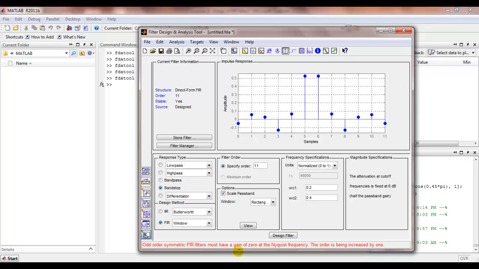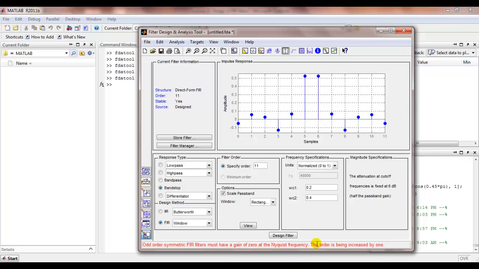So since a band stop filter is non-zero at omega equal to 0 and omega equal to pi, you shouldn't use anything other than a type 1 filter, which means your length of the filter must always be odd. So in this toolbox of MATLAB, I tried to generate a band stop filter with a different length. I gave it the command that I want an even length, and MATLAB generated this warning that odd order symmetric FIR filters must have a gain of 0 at the Nyquist frequency.